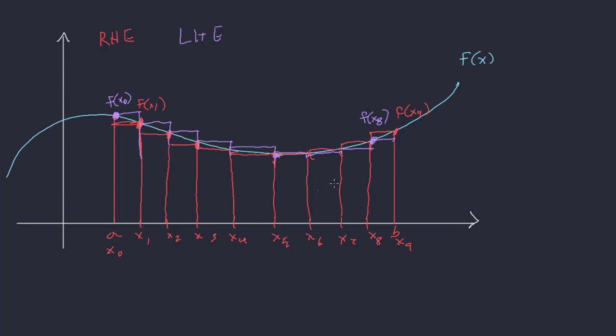Okay, but another way we can actually do this is taking the midpoint and using that for the height. Now don't worry, I am actually going to do an example showing how this works. Okay, but I just want to kind of get the overall idea out of the way.